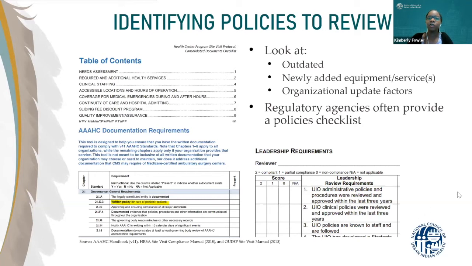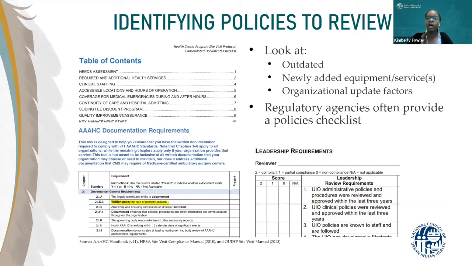So I wanted to draw your attention to this slide and the different images that are listed here, because sometimes this gets missed when you add in new equipment to your organization. But what's listed here are the table of contents from the HRSA guidelines, the AAAHC requirements, and the Office of Urban Indian Health guidelines for their site reviews.